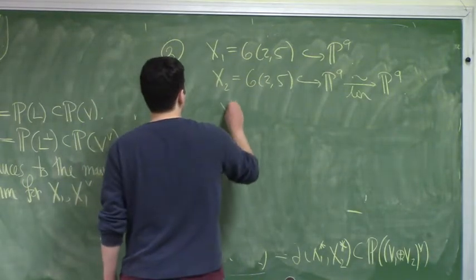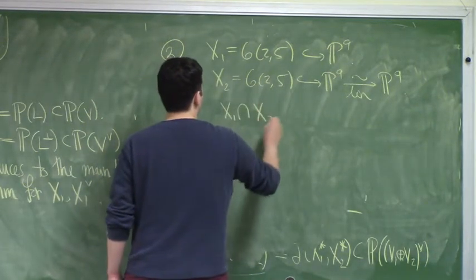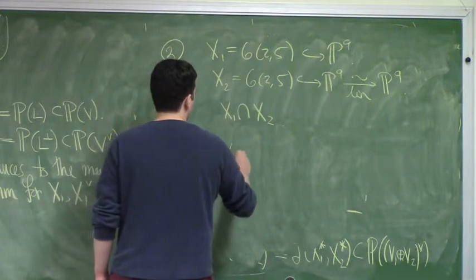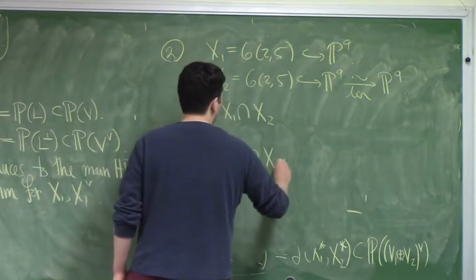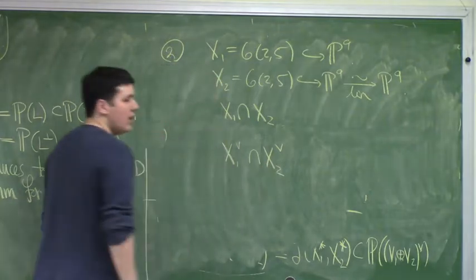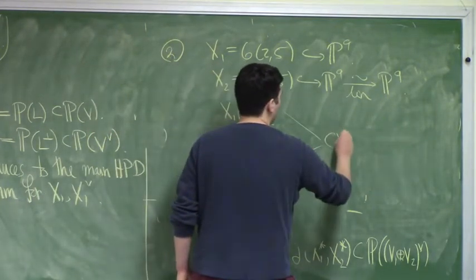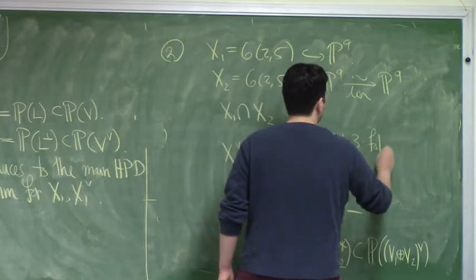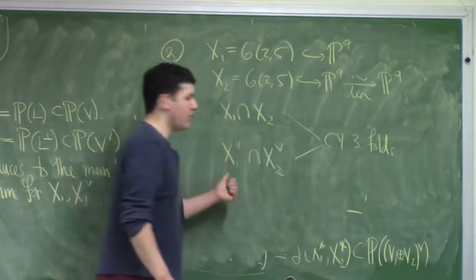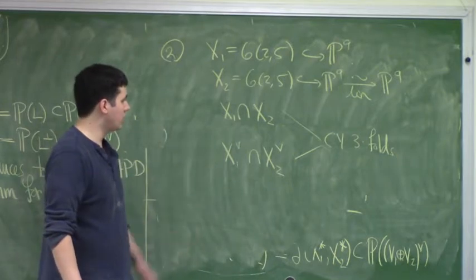In this case, I look at x1 intersect x2 on one side, and on the other side, the intersection of their duals. It turns out that both of these intersections are Calabi-Yau threefolds. Remember, the dual is again a Grassmannian of the same type in the dual projective space.